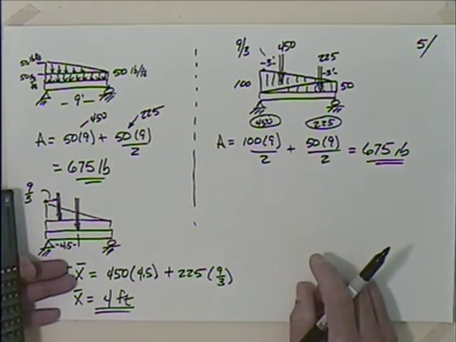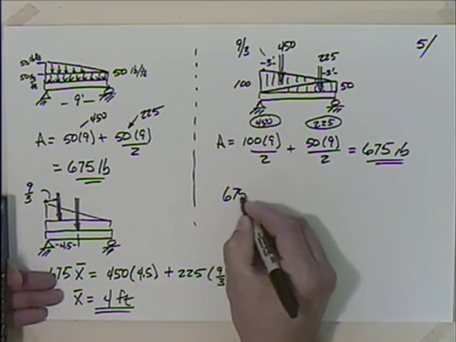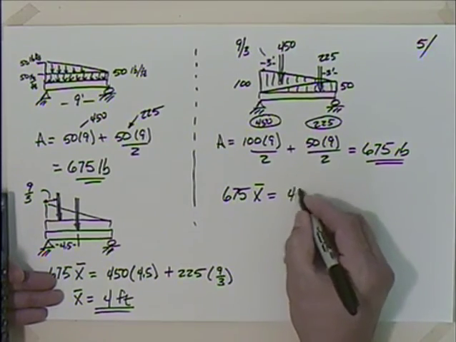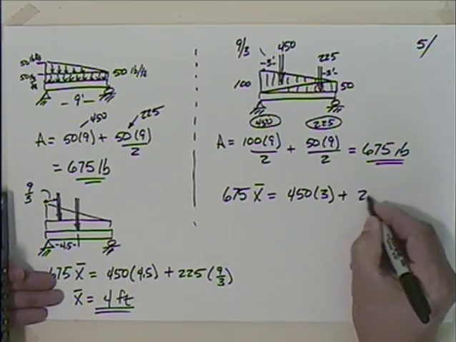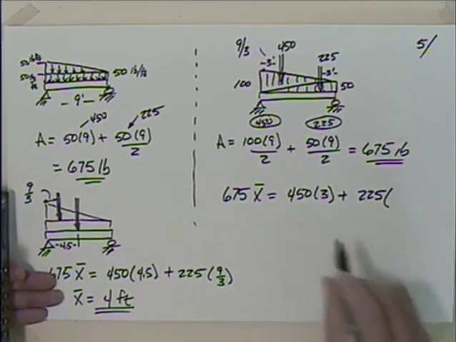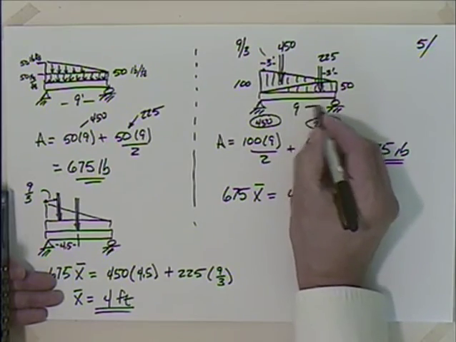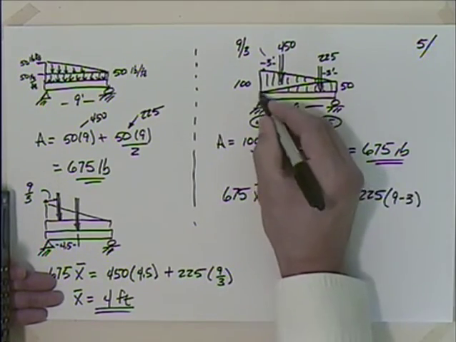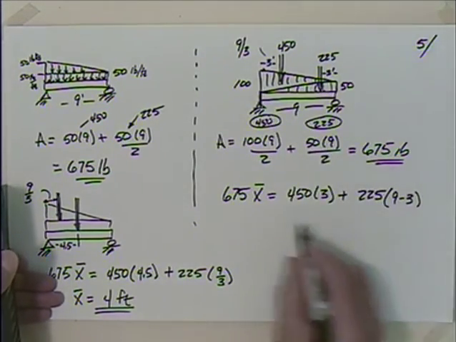That's where that 3 comes from. So I could say then that 675 times x bar is equal to 450 times 3 plus 225 times, and I have to be careful of this, I've got this 3 distance from there. This total distance is 9, so I need to say 9 minus 3, right? Because I'm finding it about this point. This is my reference point at the left-hand side.